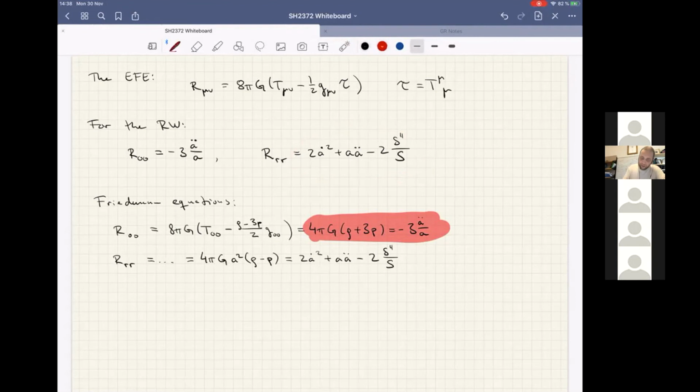So while I take this to be one of the Friedmann equations, I can solve here for a double dot and insert that here, and I will get the other Friedmann equation. That is H squared, where H is the so-called Hubble parameter, which I define as a dot divided by a.